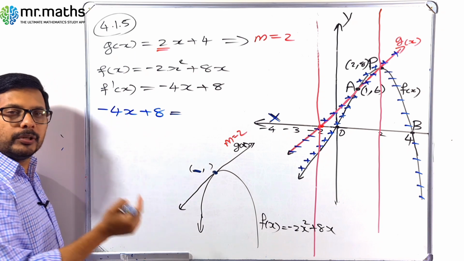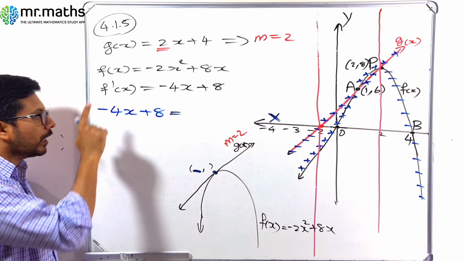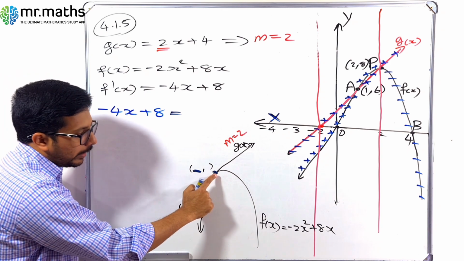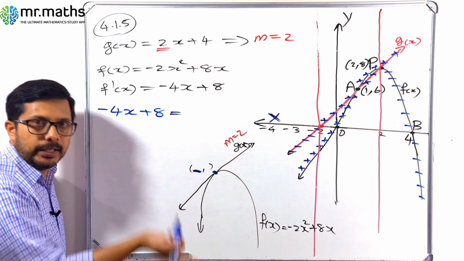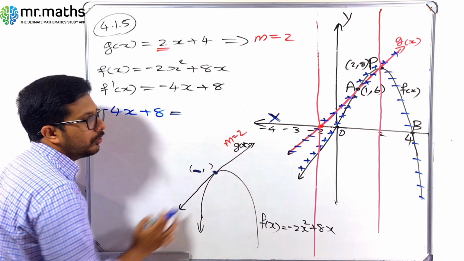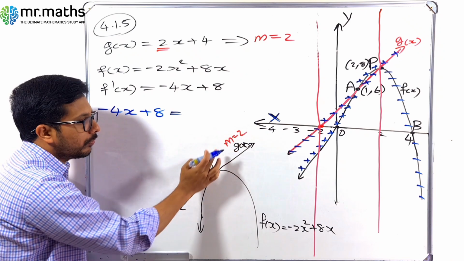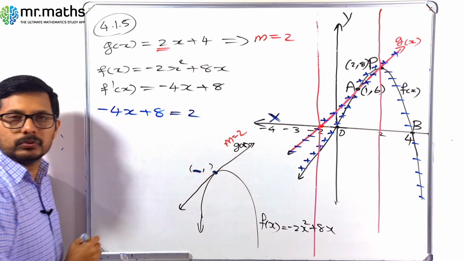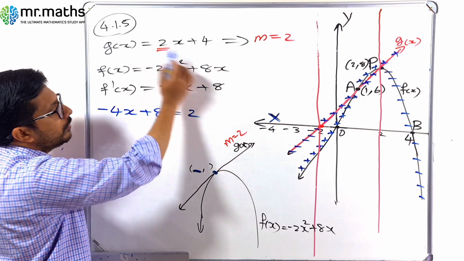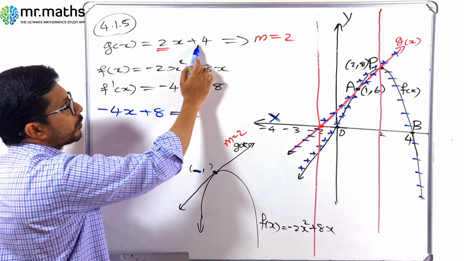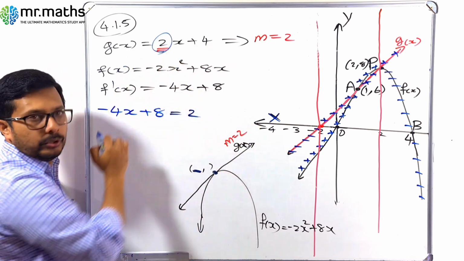2. So try to understand like this: after you substitute the x value of this point, you are supposed to get the gradient. But we already know the gradient of that straight line is 2. You understand? Because from this equation of g of x, 2x plus 4, the gradient is 2.